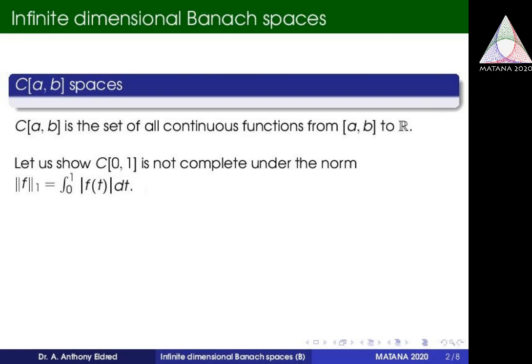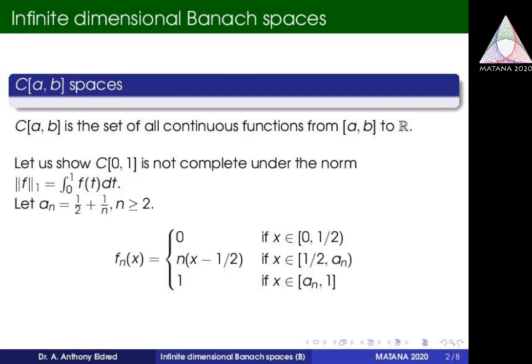So now we are going to check whether C[a,b] with respect to this one norm is complete or not. For that we are going to define a sequence of functions f_n(x). Before that, let a_n = 1/2 + 1/n. So a_n is a sequence converging to 1/2.